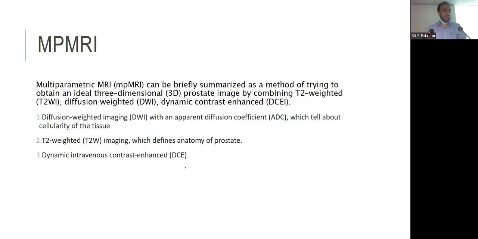But on most machines like a 1.5 Tesla, they have been using the diffusion technique for a decade, though it is not available here, unfortunately. Diffusion is not a newer technology, it is a very old technique, just like in brain infarct.